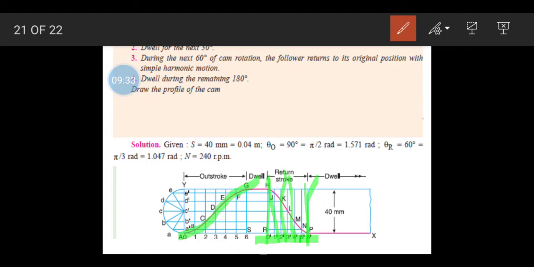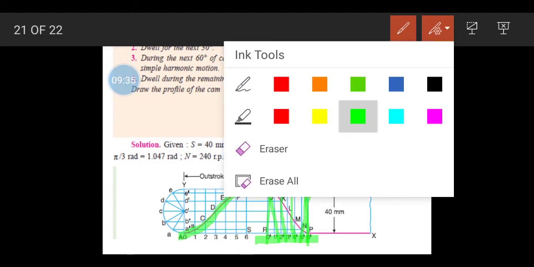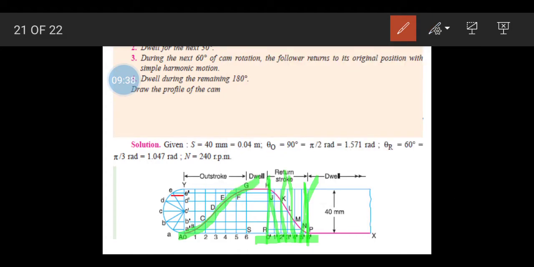Once we extend this line upward, in the same way we have to extend this E point further to this point like this. So when we are extending these points, the lines coming in vertical as well as horizontal direction give us some intersect points.